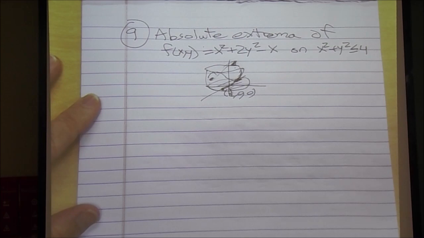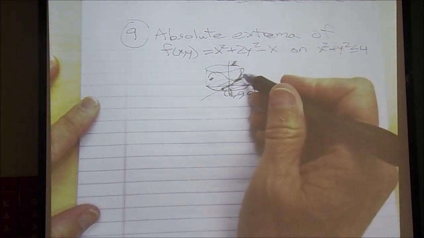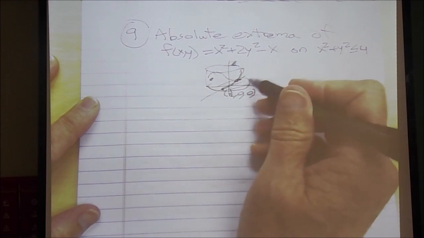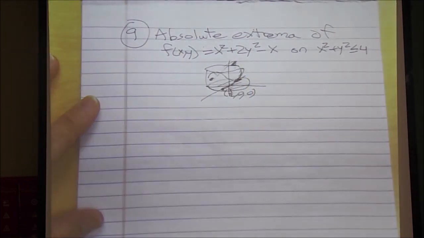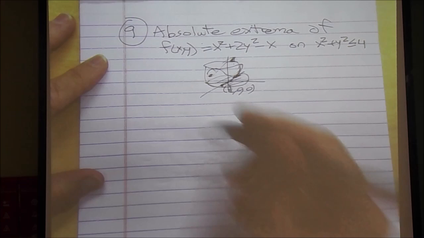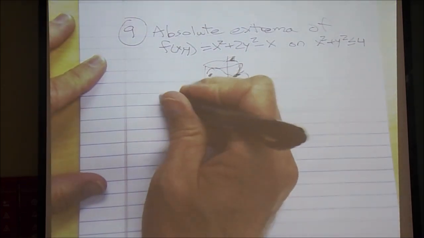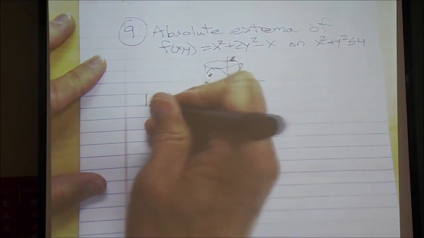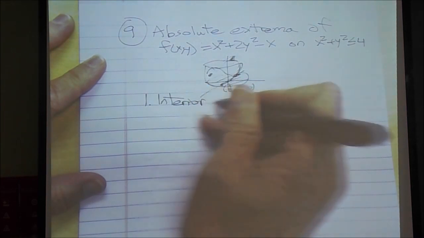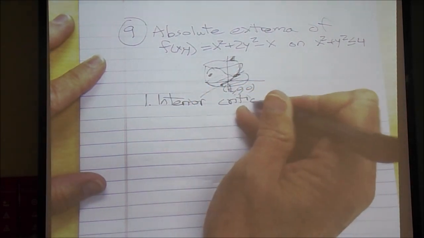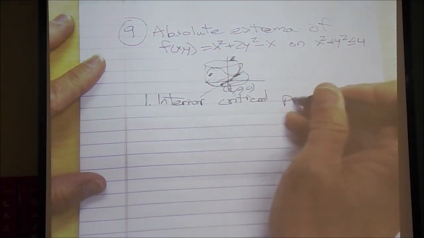Immediately what you observe is that there is a maximum and minimum because it's a nice smooth surface over a closed bounded region, so you know that from the theorem. Now how do you find this? You find first the interior critical points. For a function of two variables, you set both partial derivatives equal to 0.